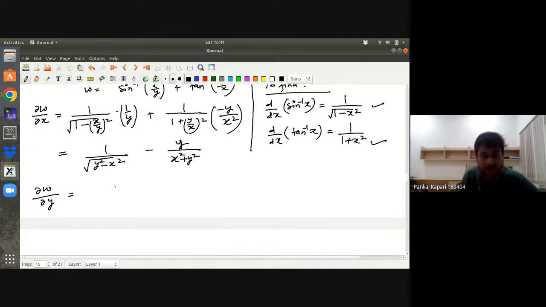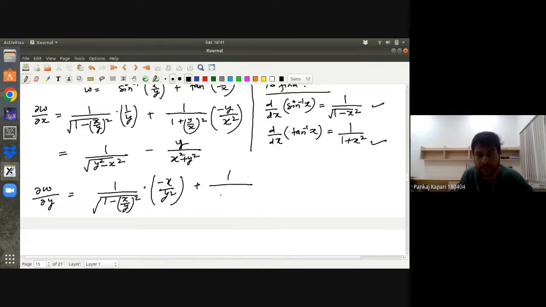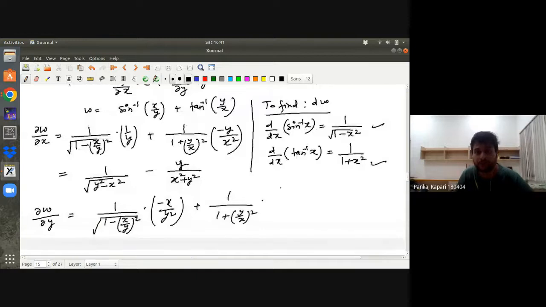The derivative of sine inverse, we have already seen, is 1 over square root of 1 minus (x over y) whole square, into the derivative of x over y with respect to y. So this is minus x over y square, plus again differentiate tan inverse. So you'll get 1 over 1 plus (y over x) whole square, and then 1 by x.